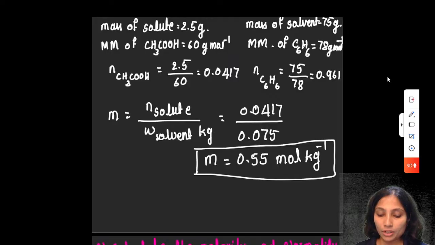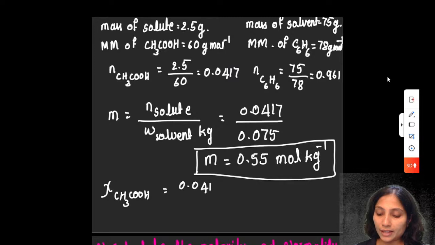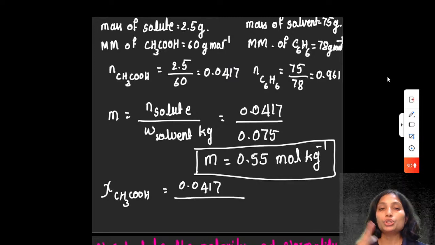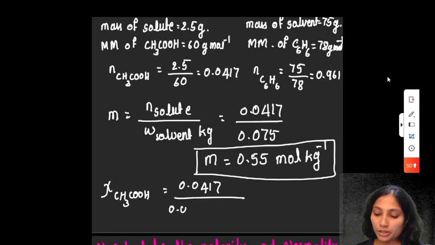So mole fraction of ethanoic acid, CH3COOH, is equal to number of moles of ethanoic acid. How many moles of ethanoic acid are present? 0.0417, divided by total number of moles: number of moles of ethanoic acid plus number of moles of benzene. 0.0417 plus 0.961.